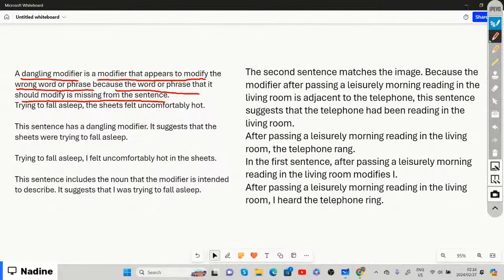They're suggesting that this is a dangling modifier because it suggests that the sheets were trying to fall asleep, not you. So there's something missing, something which suggests that you are falling asleep and not the sheets.